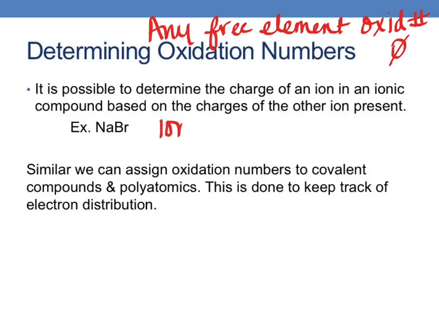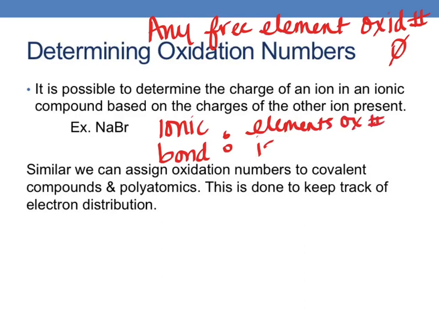In an ionic compound, the element's oxidation number is equal to its charge. So potassium, when it's in a compound, has a +1 charge, which means its oxidation number is +1.